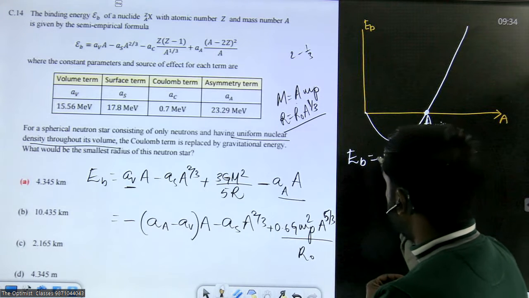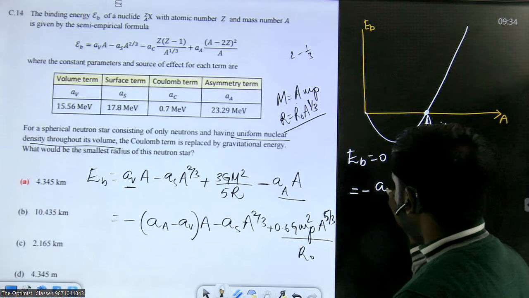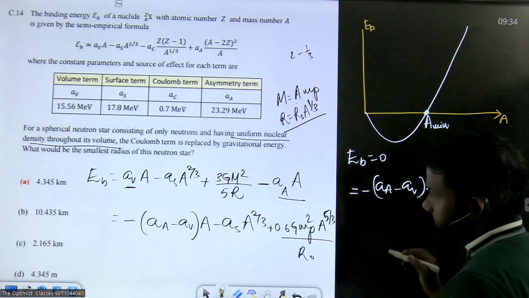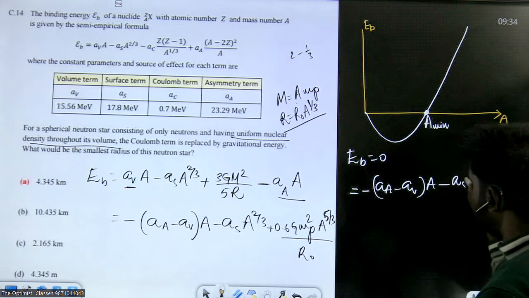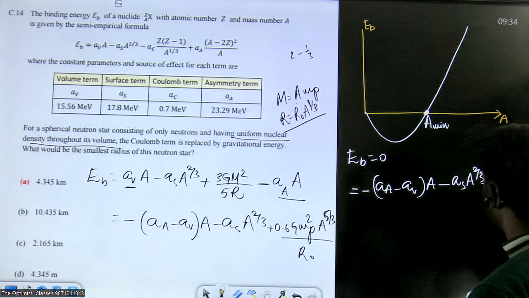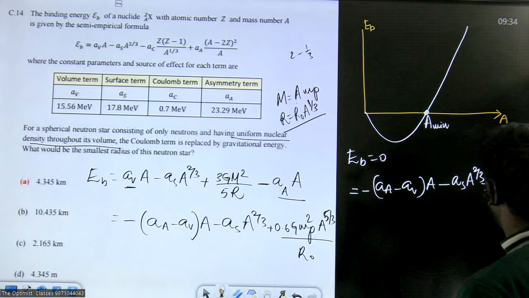So we are getting here EB. When we put EB equal to 0, we get minus A_A minus A_V, multiplied by A, minus A_S A to the power 2/3, minus 0.6 G m_p squared A to the power 5/3 divided by r naught.